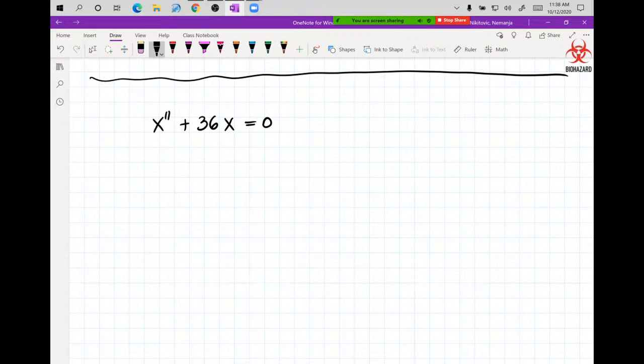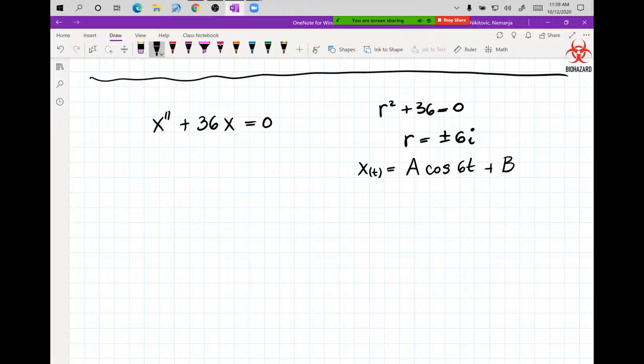So we solve our r squared plus 36 equals 0 on the side, and you get r equals plus minus 6i. That immediately produces that solution x of t, which we studied last class, of a cosine 6t plus b sine 6t.